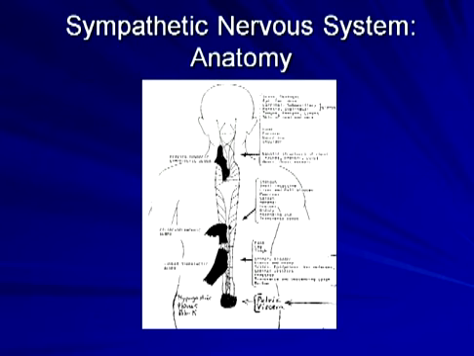Your T1 to T4, maybe T5, is organized in what's called the cervicothoracic sympathetic outflow that gives you the afferent input to the head and neck and the upper extremities. It also gives you outflow to the heart and some of the intrathoracic cavity.